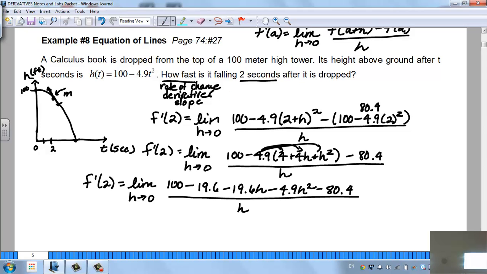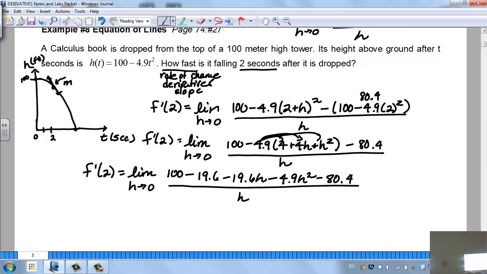And again, I told you that if you're done right, it should cancel out. And if you were to look at this, the 100 minus the 19.6 minus the 80.4 makes it disappear. So that's nice. So I say thanks for playing, because they kind of cancel each other out.